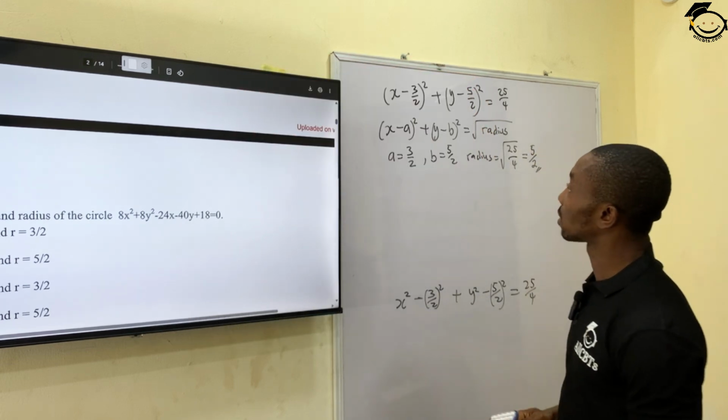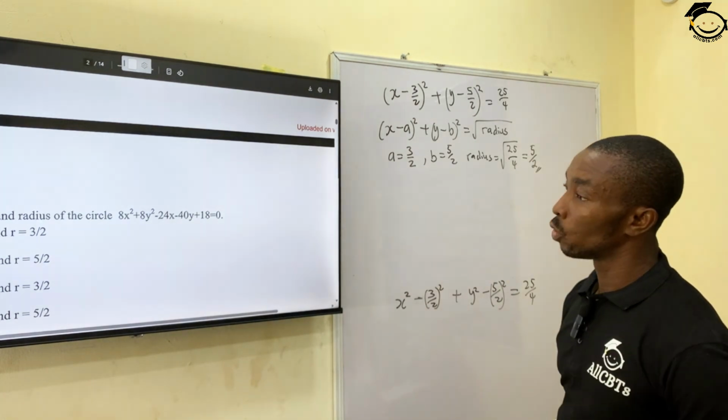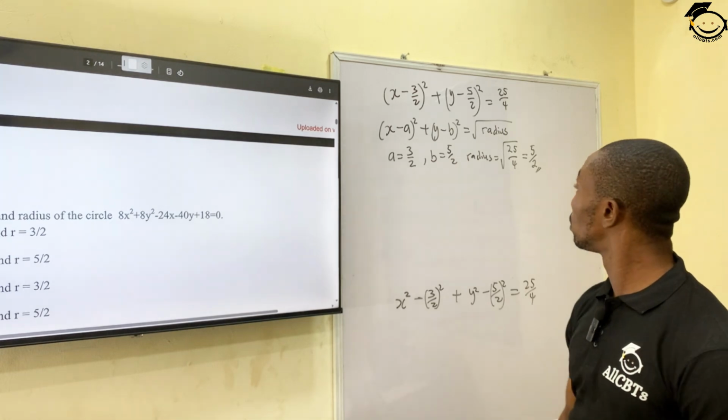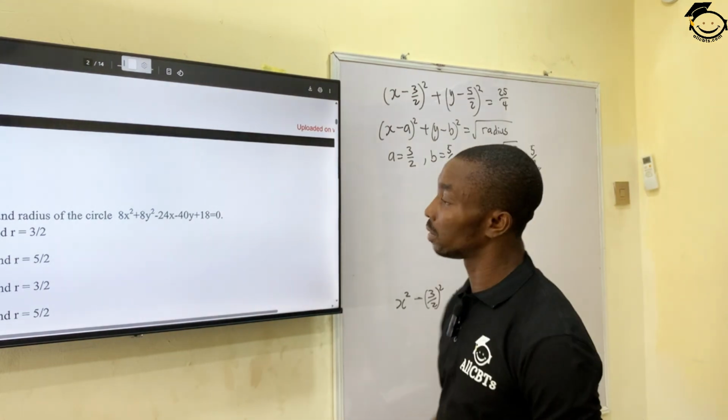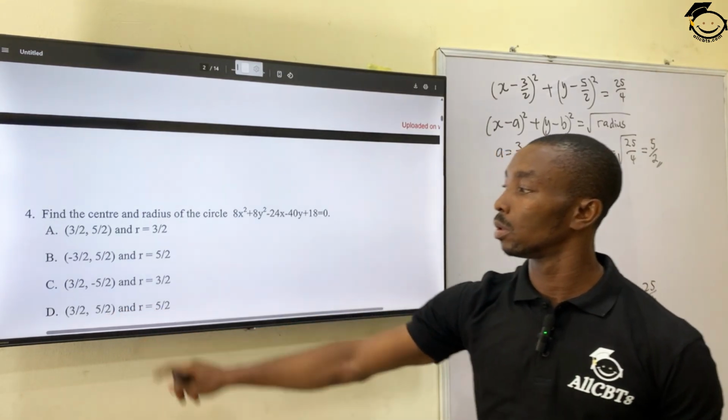So our center and radius will be 3 over 2, 5 over 2, and 5 over 2, which leaves us with option D.